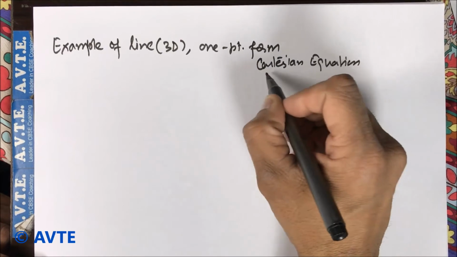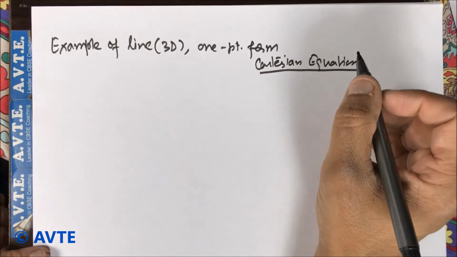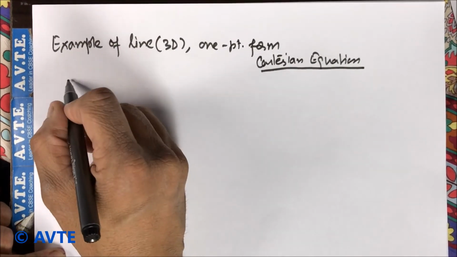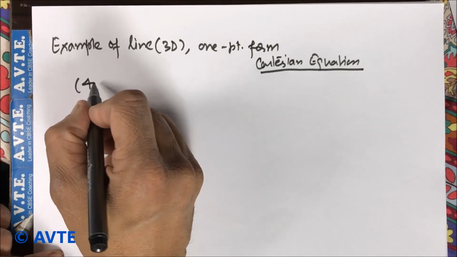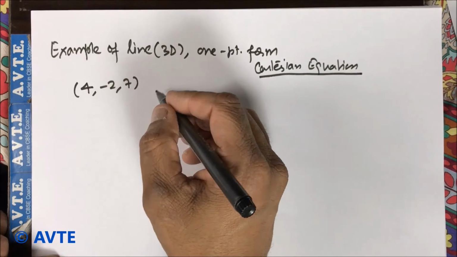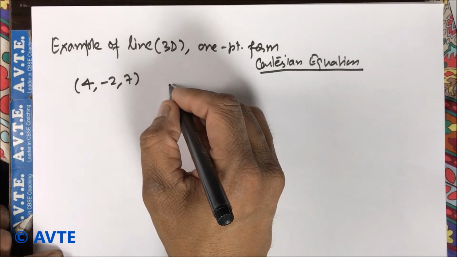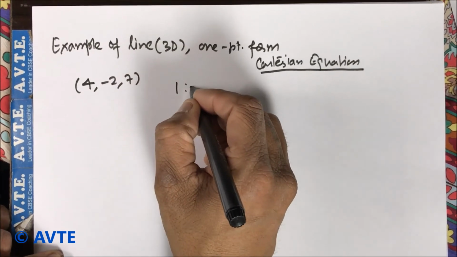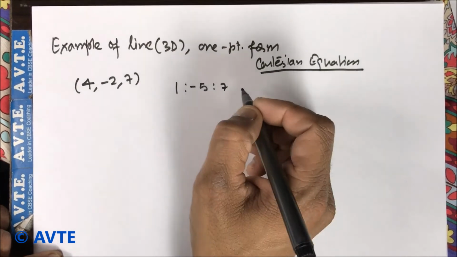Cartesian equation. Say the line is passing through the point 4, minus 2, 7, and line is containing the d ratios as 1 is to minus 5 is to 7.